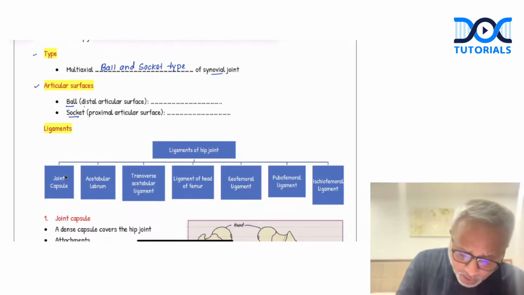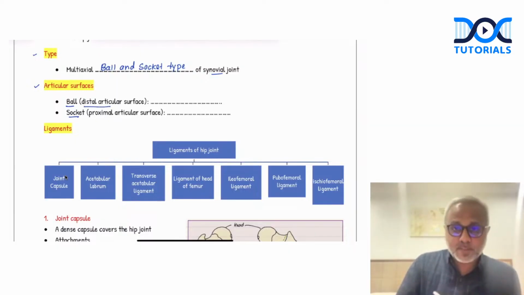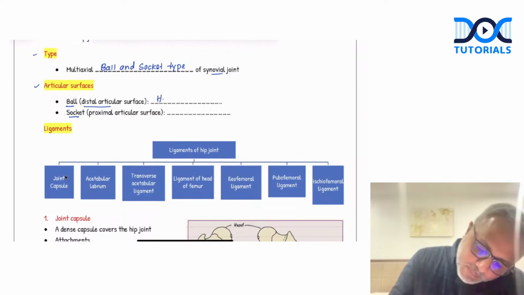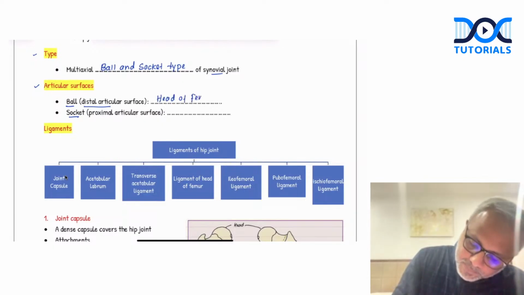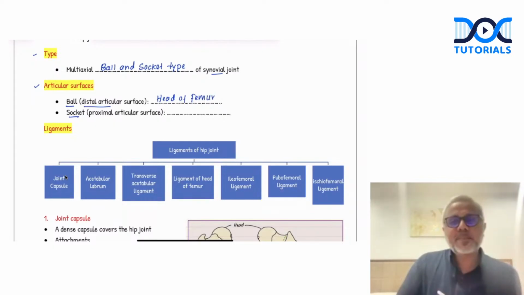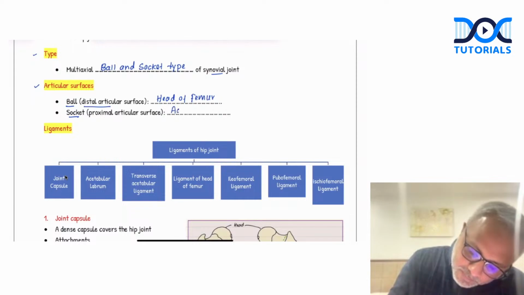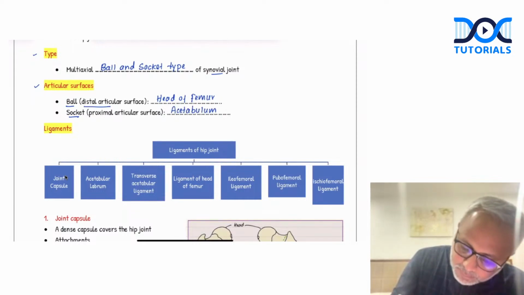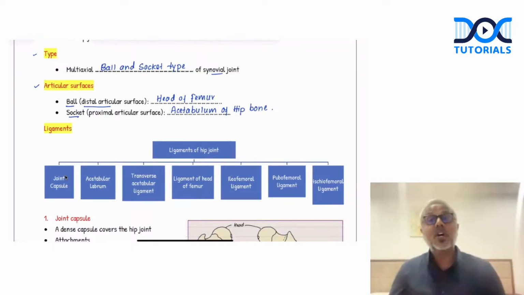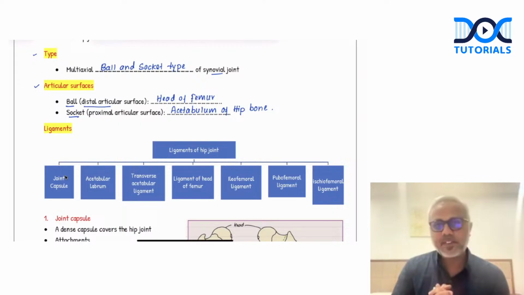The ball forms the distal articular surface, and this is formed by the head of the femur. How about the socket? The acetabulum of the hip bone forms the proximal articulating surface, or the socket.